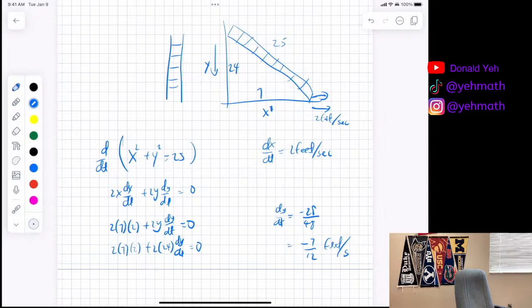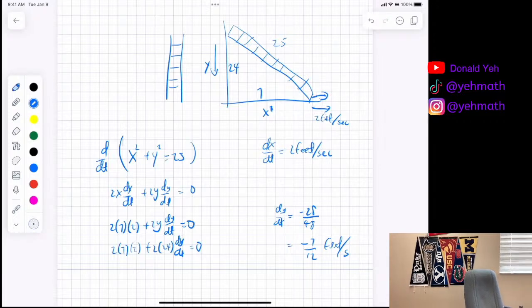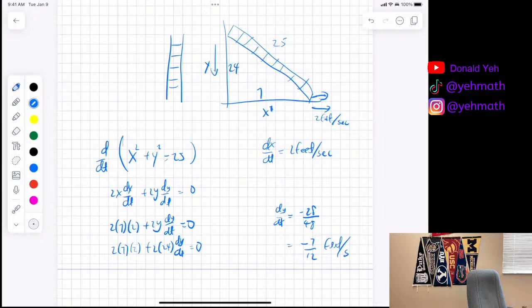If I'm pulling away near the wall, it only moves down by a little bit. But if I'm all the way here, if I move just 1 inch, it's going to go down a lot more. So it's different if I pull away and it's going down. They are different speeds the whole time.